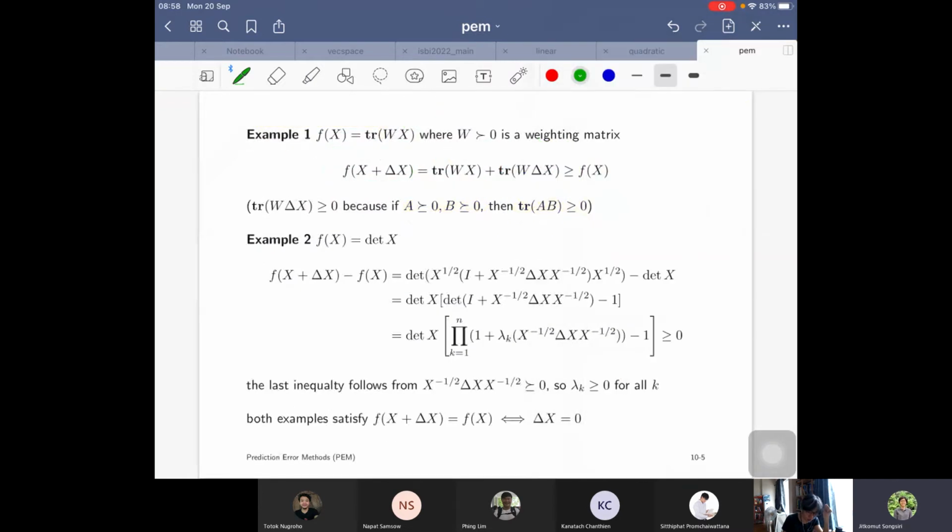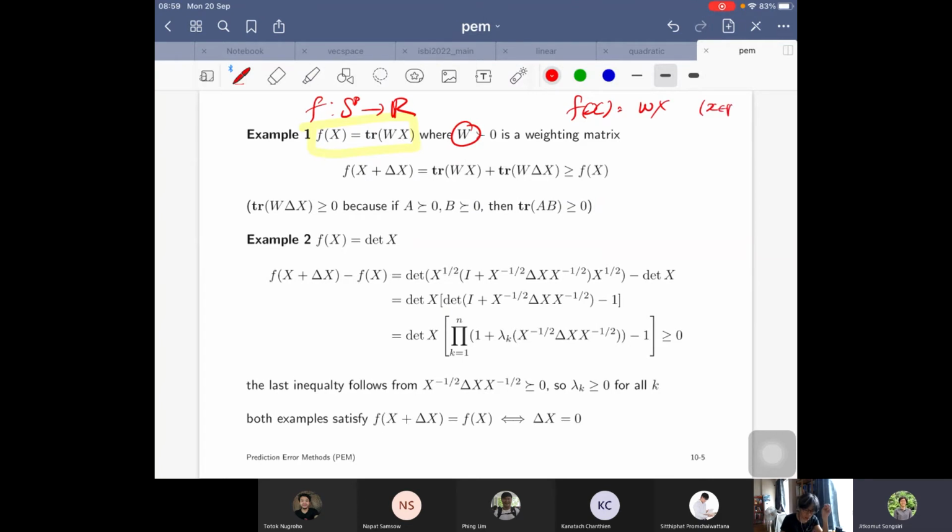But it only has the increasing property when W is non-negative. Let me just explain that. This is a function that maps from matrices to scalars. When everything reduces to a scalar case, it is simply a linear system.